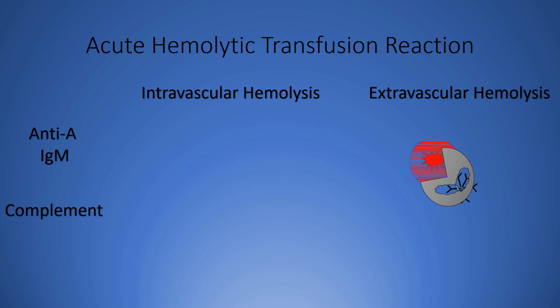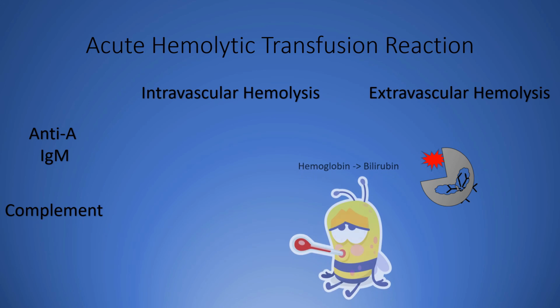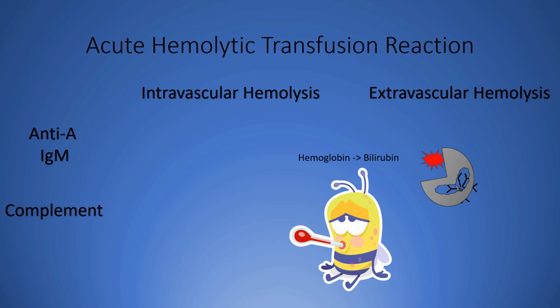Subsequently, it causes red blood cell lysis, which releases hemoglobin that can further be biochemically processed into bilirubin. That free hemoglobin can be toxic to the kidneys, and the white blood cell immune response releases cytokines that cause the innate immune response of fever and chills.